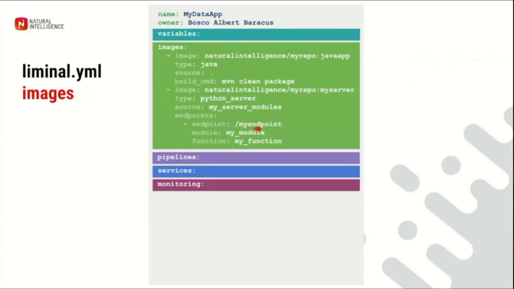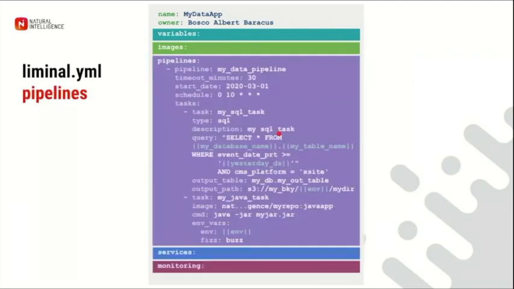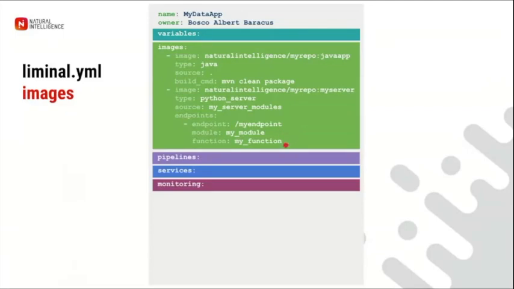For example, here we have a my endpoint, which then invokes user code found in a specific module in their code and a specific function within that module that the user wishes for us to invoke in this endpoint. And that's it. That's all they need to know in order to create a service. There is no complicated interface or anything they need to integrate into their code, but they just need to create a function that receives a string and returns a string, and that's it.